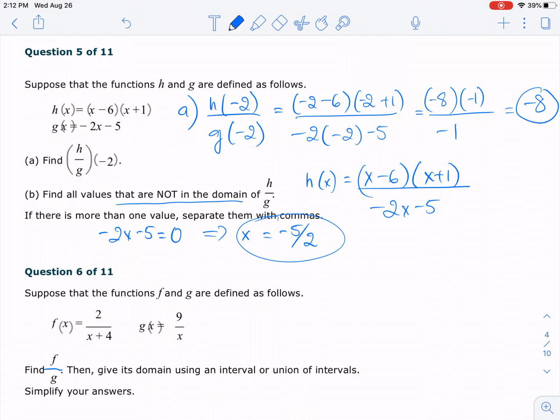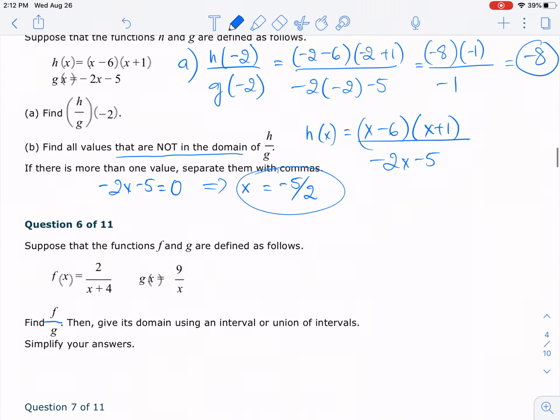Now, suppose that the functions f and g are defined as follows. We want to find the division. So straightforward, like I said. So we just have f(x) divided by g(x).